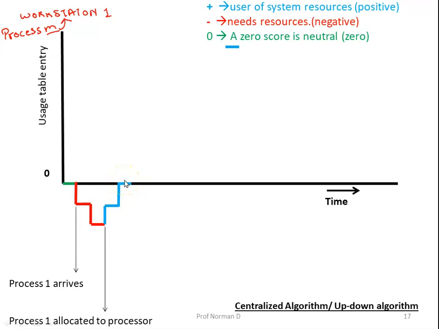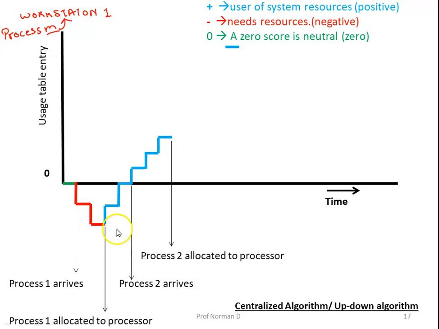As it moves in the positive direction, there's one more process, process 2, which has arrived. But process 1 is still in the execution phase. Process 1 still continues its execution, and at this particular point process 2 is allocated the required resources. So process 2 is allocated to the processor.